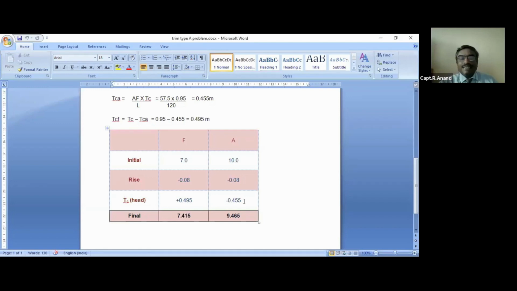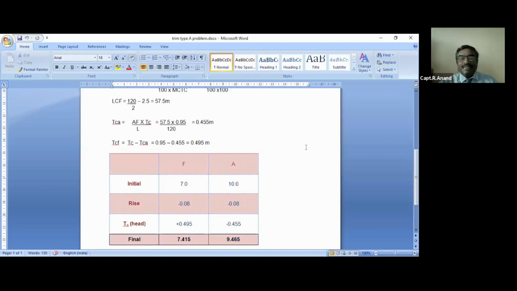Now this is relative to what was the initial condition. Just because I have said trim change by head, don't imagine that the final condition is going to be down by head. This is only change from the initial condition. That's all. Are you able to appreciate that difference, what I'm saying? It is change from the initial condition. 0.95 by head doesn't mean that finally it will be down by head.